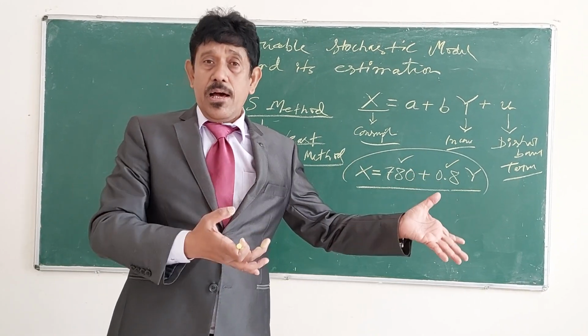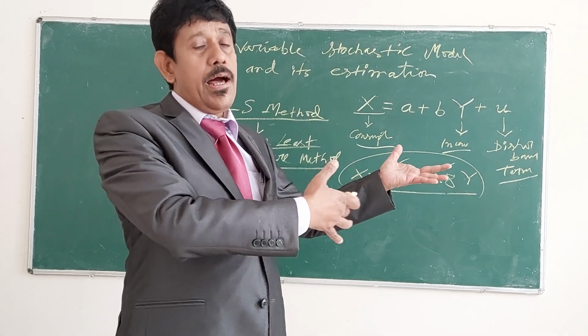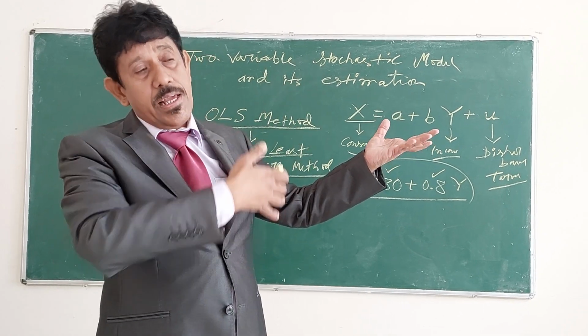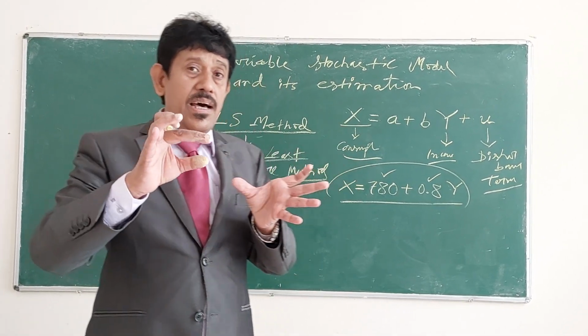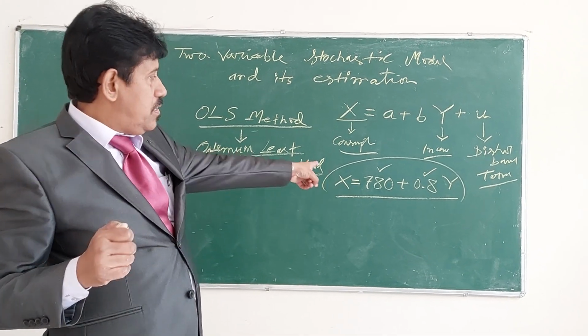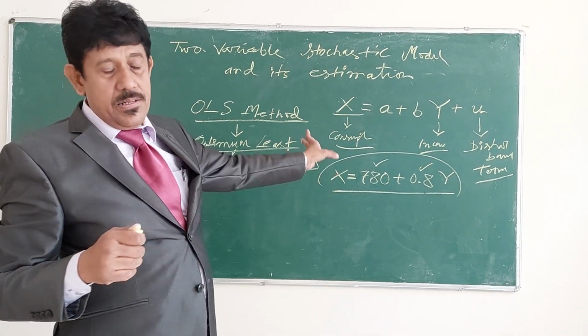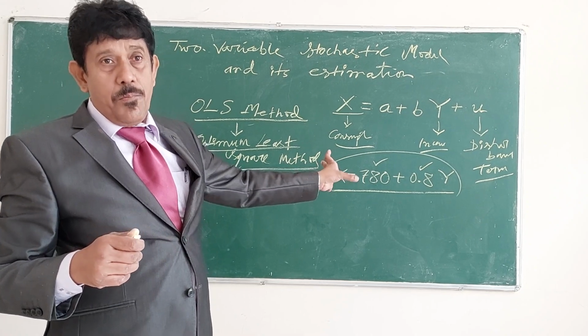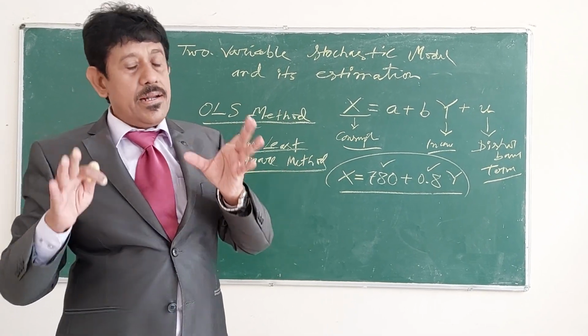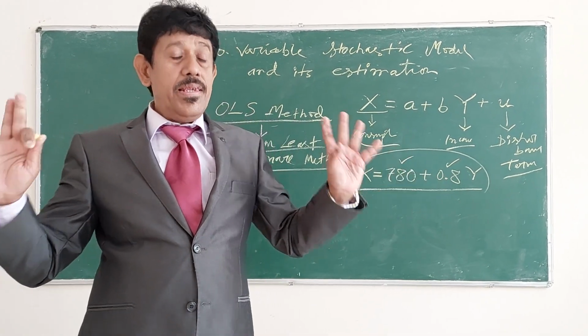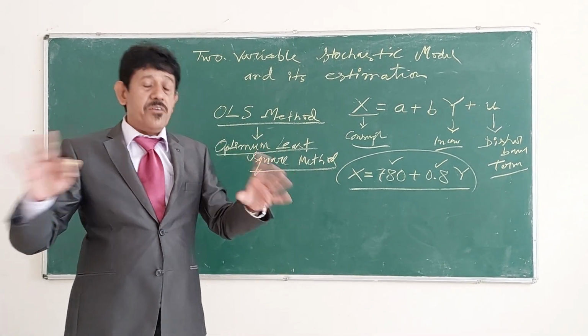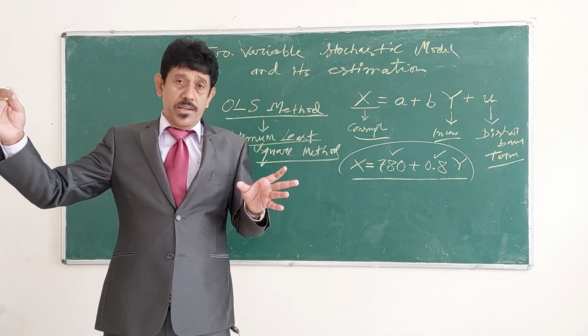So we have some data. We shall have some data on various income levels and corresponding consumption levels. On the basis of that data, we shall fit a regression line, the line of best fit. But the point is that the relationship between income and consumption is never perfectly linear.